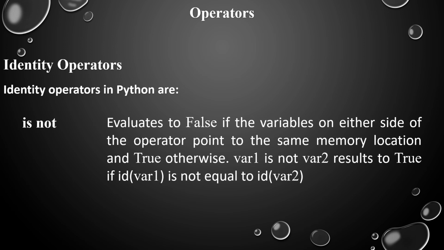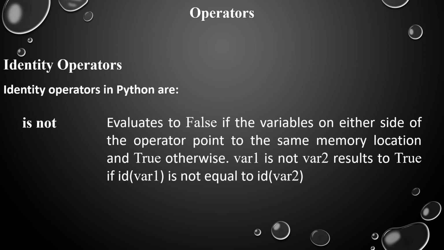The second identity operator is not, and it should be written in lowercase, separated by a space. It evaluates to false if the variables on either side of the operator point to the same memory location, and true otherwise.